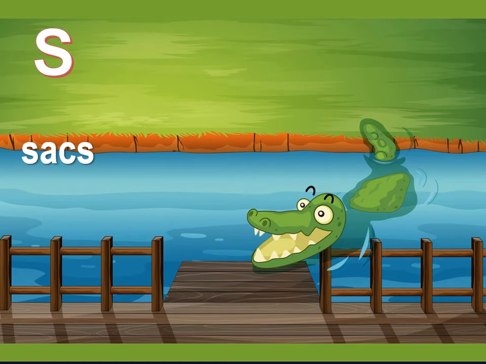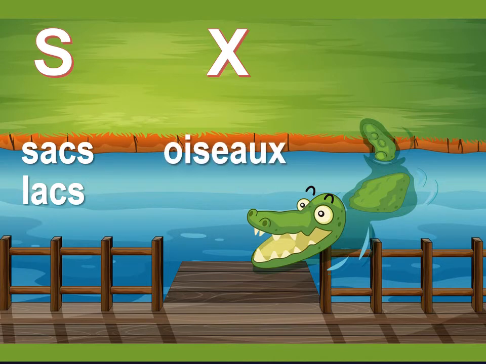For example, sac, I've put that word in the plural with an S. I do not pronounce the S. Lac, again, I've put an S at the end to make it plural, lakes, but I do not pronounce the S. X, which is also a mark of plural in some words that end in O, such as oiseau, animaux.